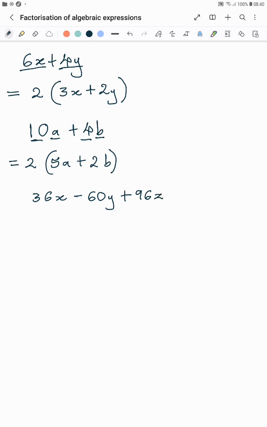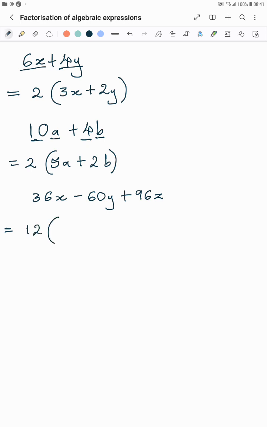Here we have got 36, 60 and 96, and we want to figure out what's the common factor here. Here we have a common factor of 12.